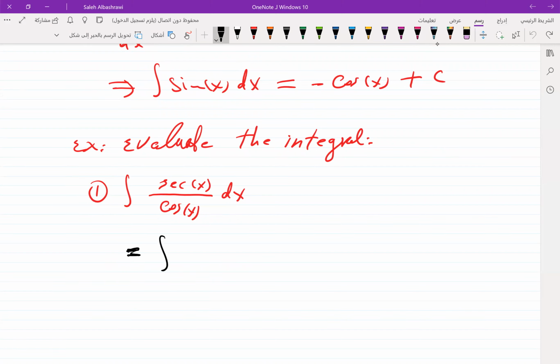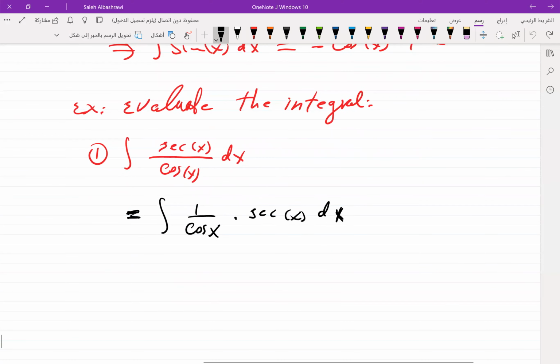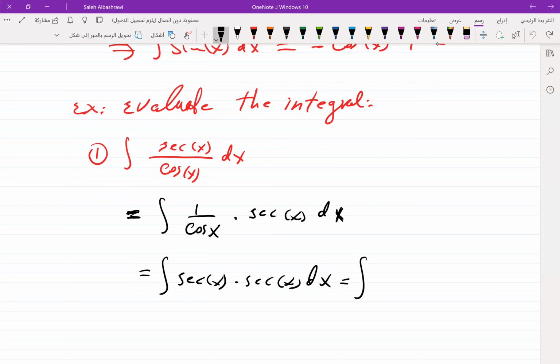it can be written as the integral of 1 over cosine x multiplied by 1 over cosine x dx. 1 over cosine is equal to secant of x. Secant of x multiplied by secant of x dx, which is equal to the integration of secant squared x dx.